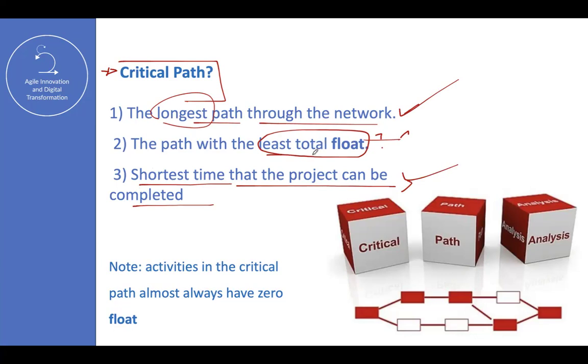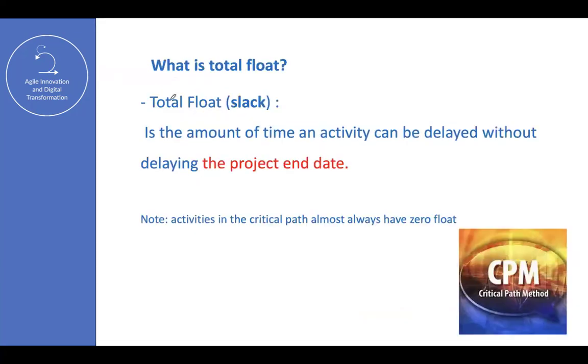However, what is the total float of the activities? And this is the definition. The total float is the, please pay attention, this is very important. Total float and slack are the same, 2 different names for the same concept.